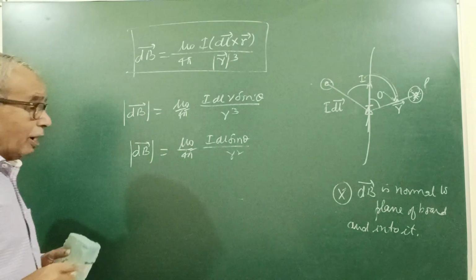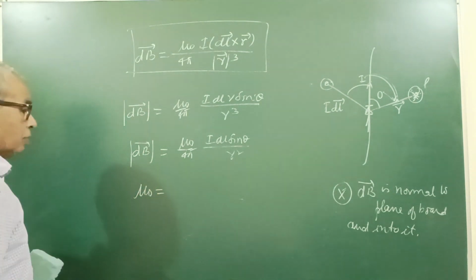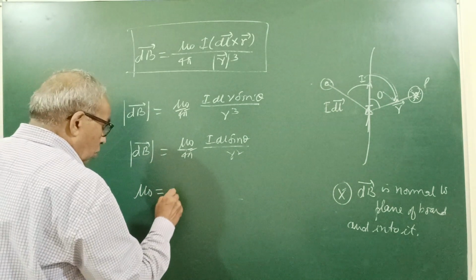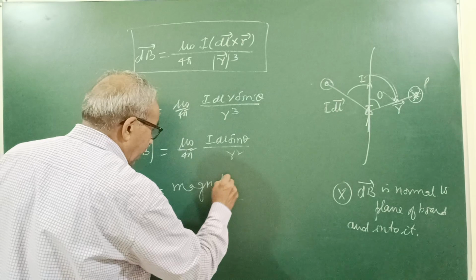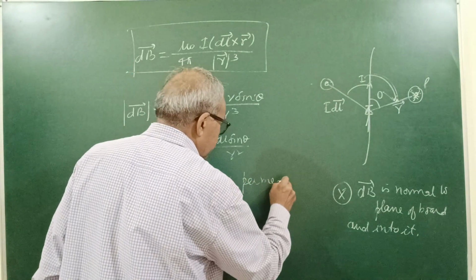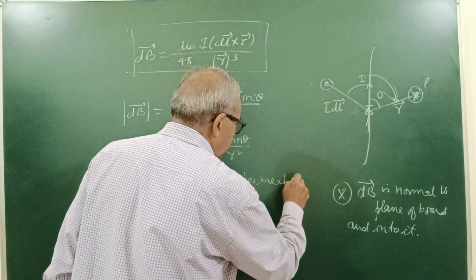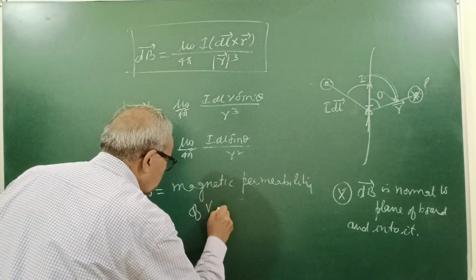Now you might be thinking, what is mu 0? Mu 0 is called the magnetic permeability of vacuum.